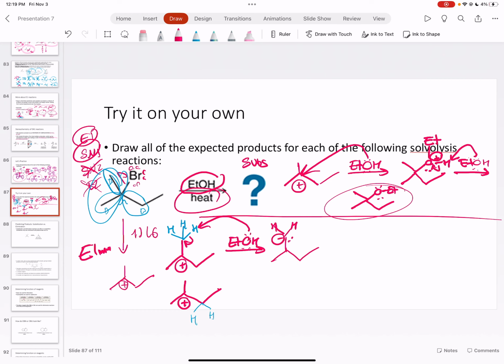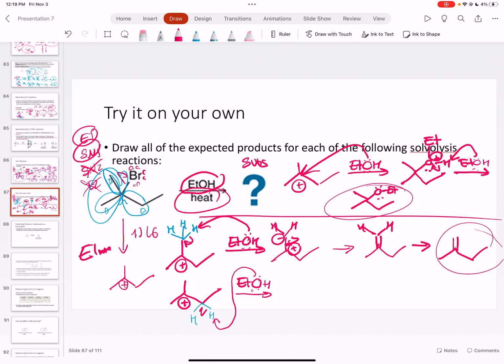We have a carbon negative now, we have a positive now, and we can make a double bond between it, meaning we have this part right here, meaning we can get something like this. And here's just the same, it's just in a different position. So we get this, we get this.